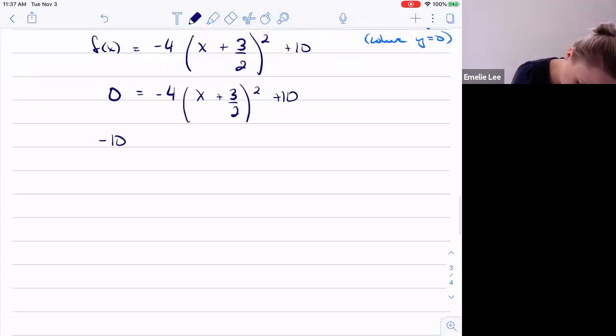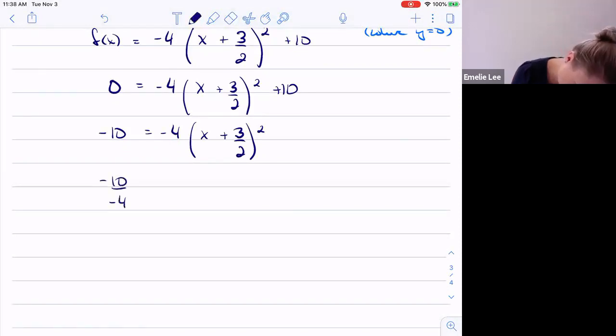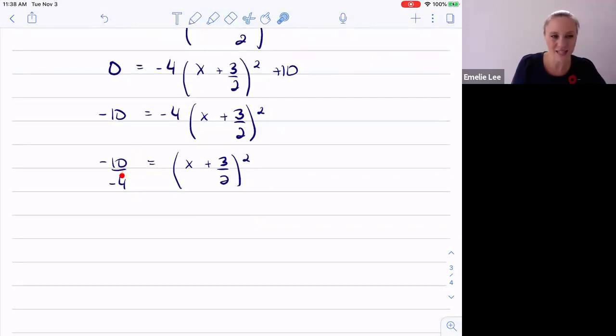So minus 10 from both sides is negative 4 times x plus 3 over 2 squared. Divide both sides by negative 4, move it over here. So you get negative 10 over negative 4 is x plus 3 over 2 squared. Negative 10 over negative 4 is positive 10 over 4. I'm not going to simplify it.